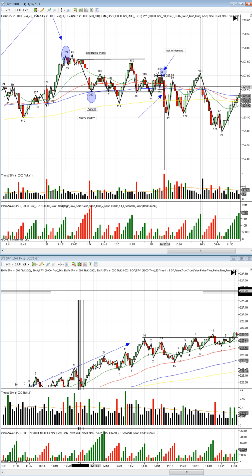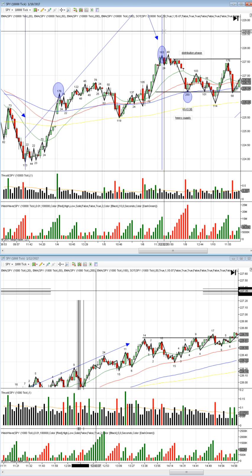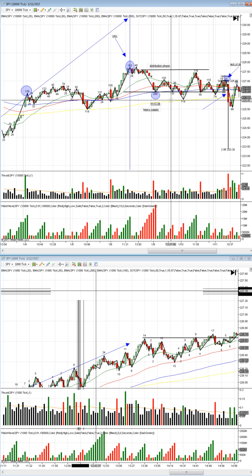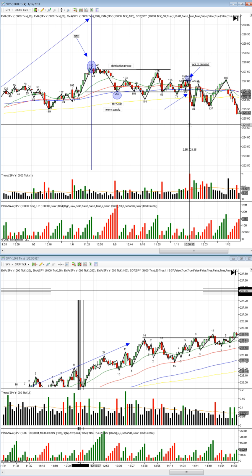And then came the thrust with follow through. That right there broke the back of this uptrend. This uptrend is officially broken on this thrust with this sequence of heavy selling, lack of buying, and a thrust, especially with follow through.